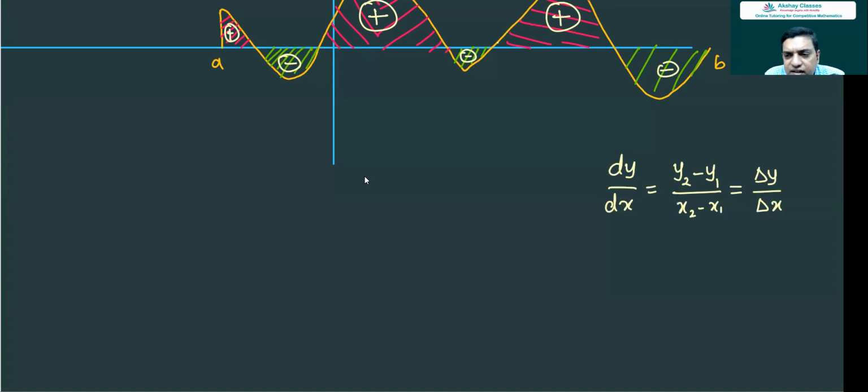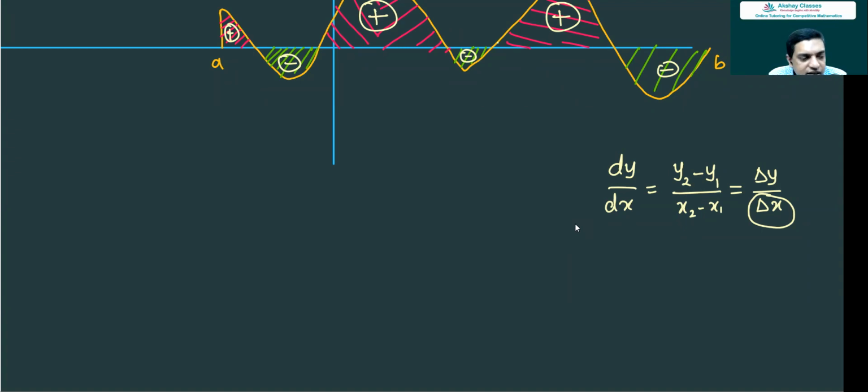So integral is the reverse. Within this particular interval, we are going on adding. We are not just taking the difference, we are adding. So in that sense, integration is the reverse process. What derivative actually gives us is the slope, the rate of change of y for a small increment in x.